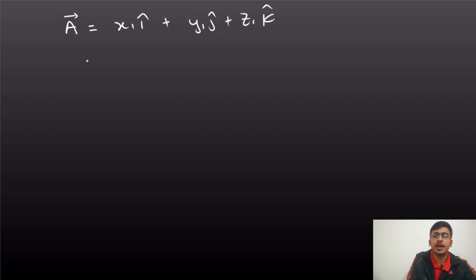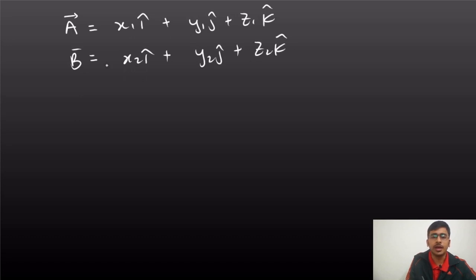So in a simpler way, I can write it down that if I have a vector A as x1 i cap plus y1 j cap plus z1 k cap, and I have a vector B as x2 i cap plus y2 j cap plus z2 k cap, and if I were to add these two vectors, then A vector plus B vector will be simply adding their components together.